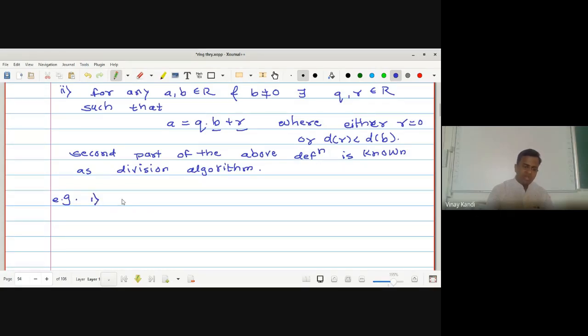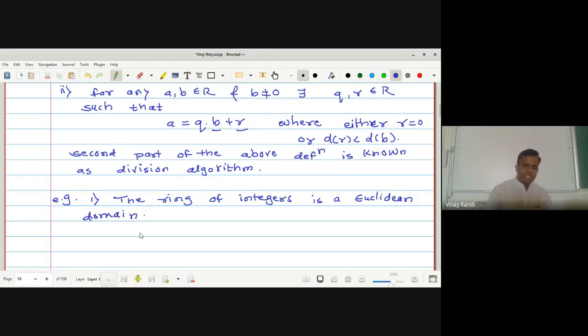Number 1: the ring of integers is a Euclidean domain. Why is it a Euclidean domain?